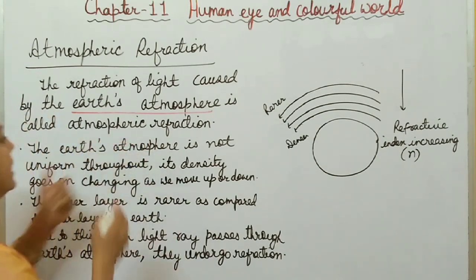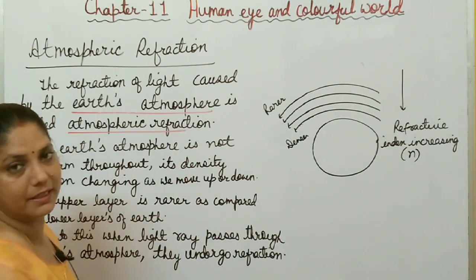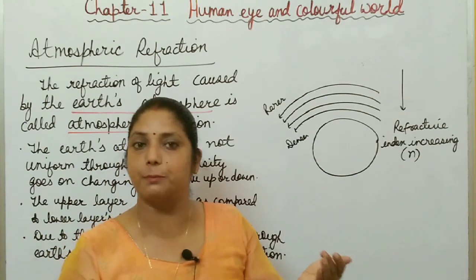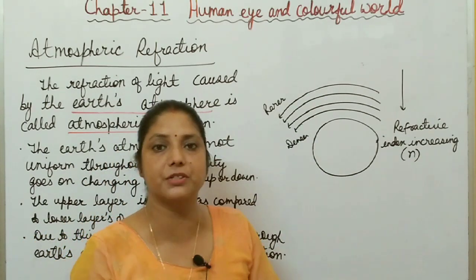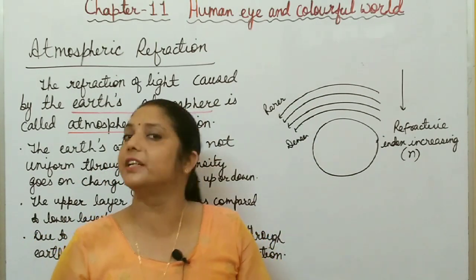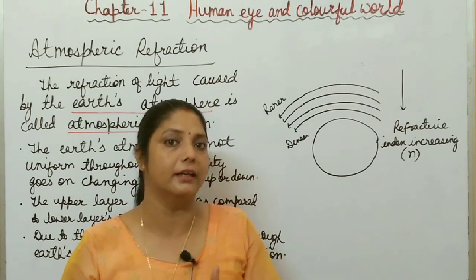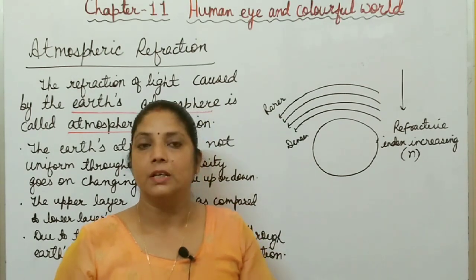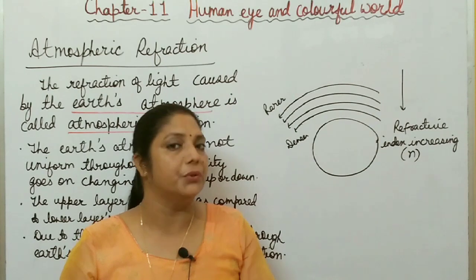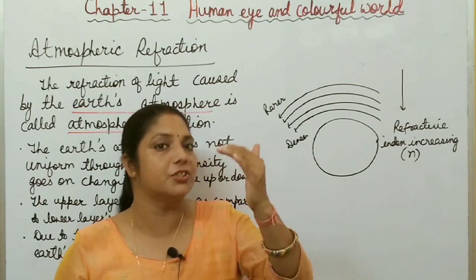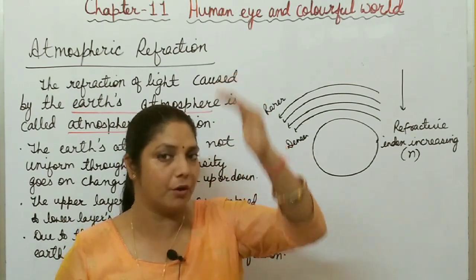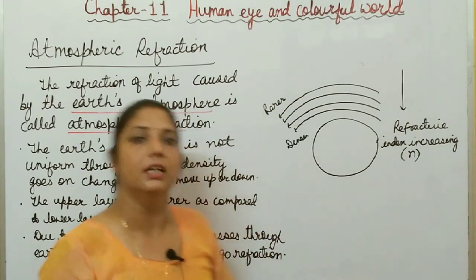But why does this atmospheric refraction take place? Why does bending of light take place when it travels through the atmosphere? You know, Earth's atmosphere is not uniform throughout. Its density changes as you move up or down through the different layers of the atmosphere.